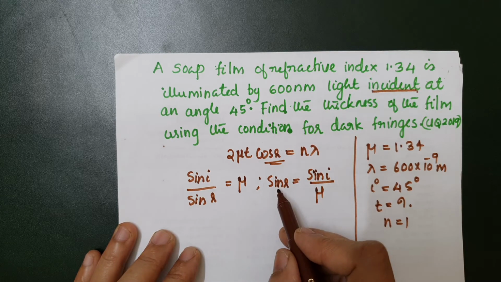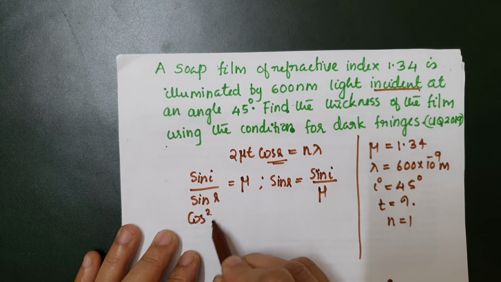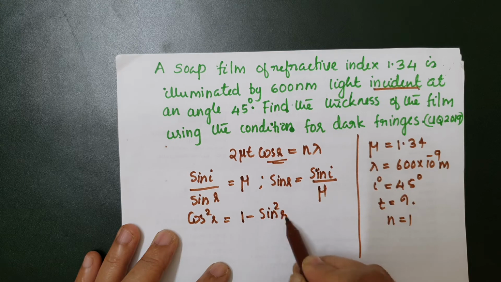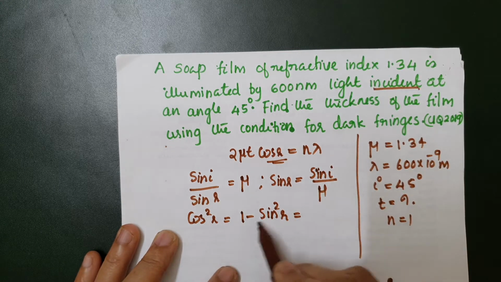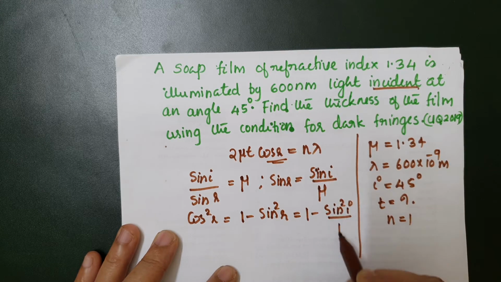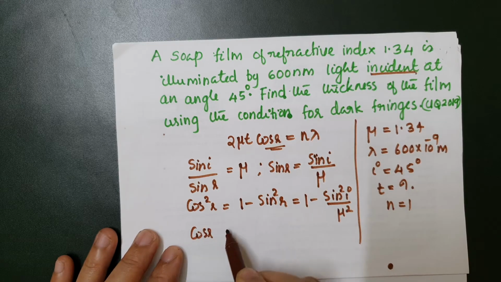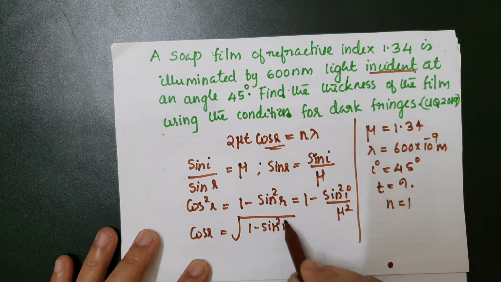Therefore, sin square r plus cos square r is 1, so cos square r is equal to 1 minus sin square r, or cos r is equal to the root of 1 minus sin square i by mu square.